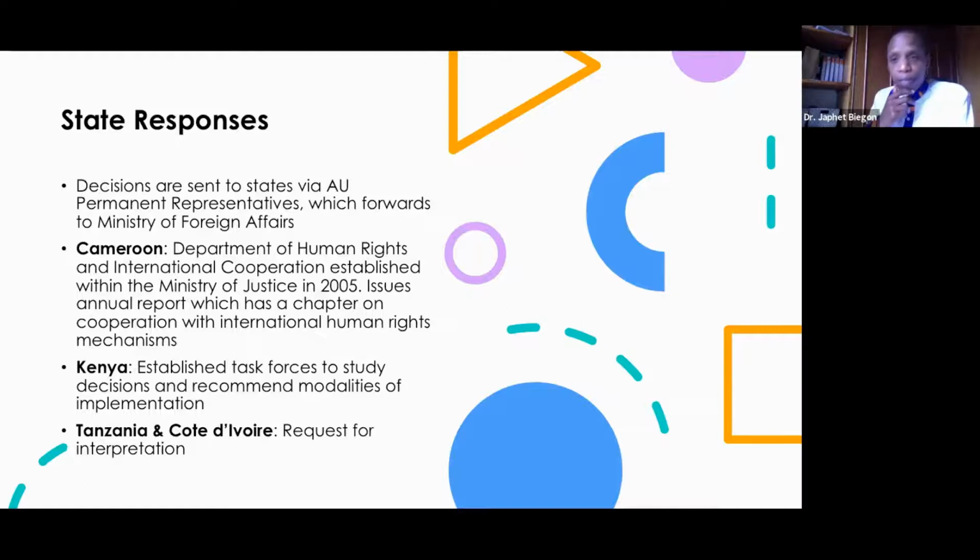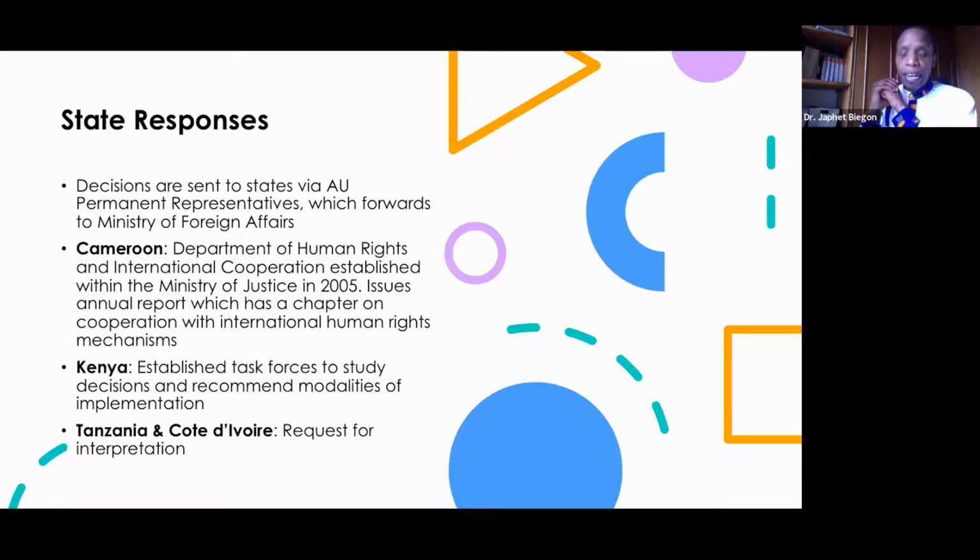But again, Kenya has also come up with this unique mechanism, if controversial, where in the two cases, the Endorois decision from the African Commission and the Ogiek decision from the African Court, in both cases, Kenya has established a task force responsible for studying the decisions or the judgment, and then coming up with mechanisms for implementing it.